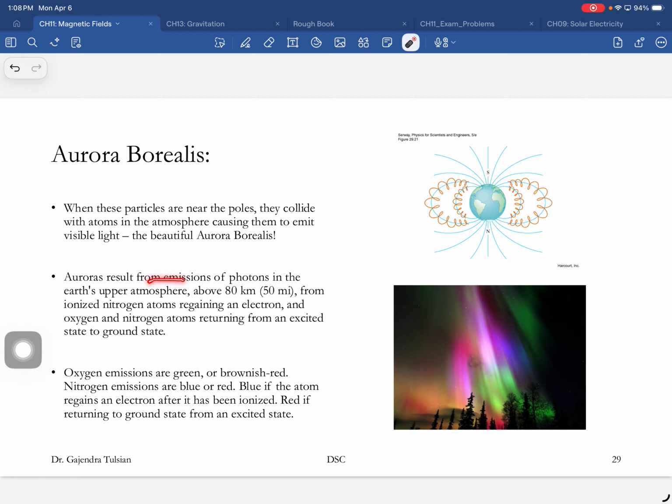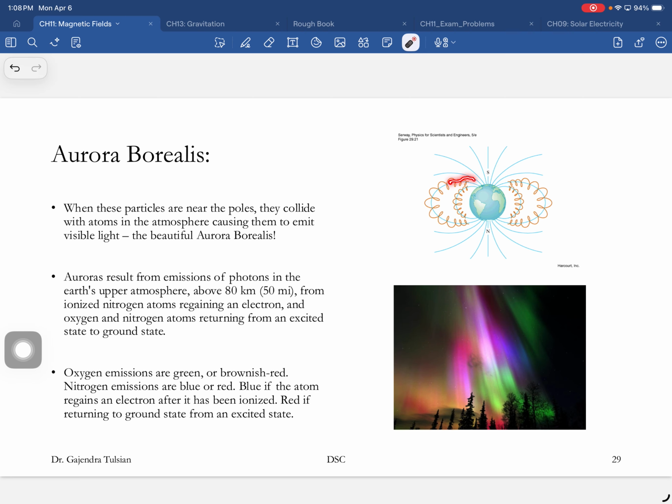Auroras result from emission of photons in the Earth's upper atmosphere, about 50 miles up, from ionized nitrogen atoms regaining an electron, and oxygen and nitrogen atoms returning from an excited state.